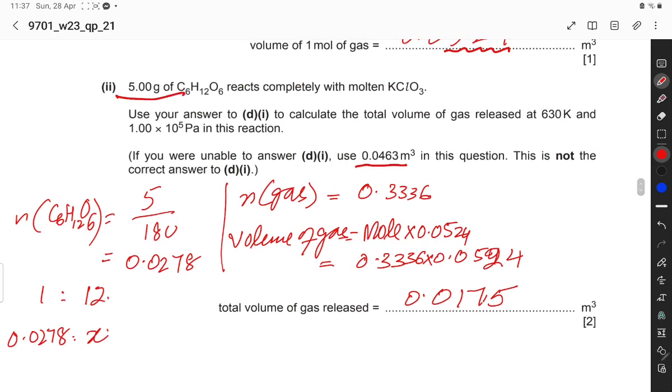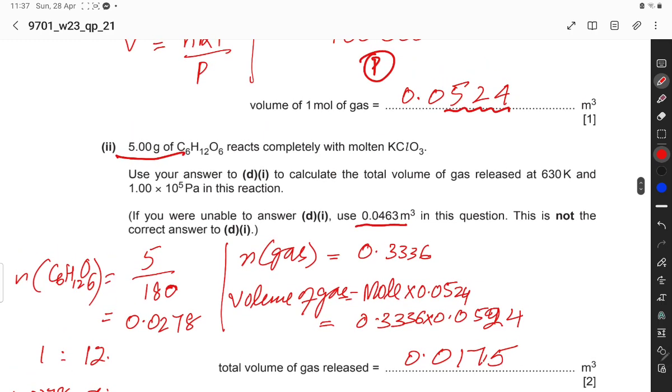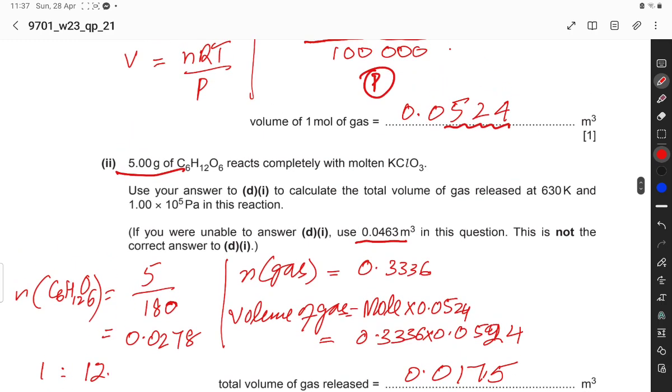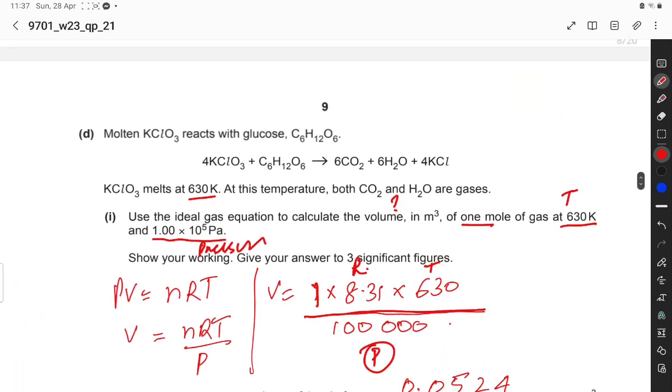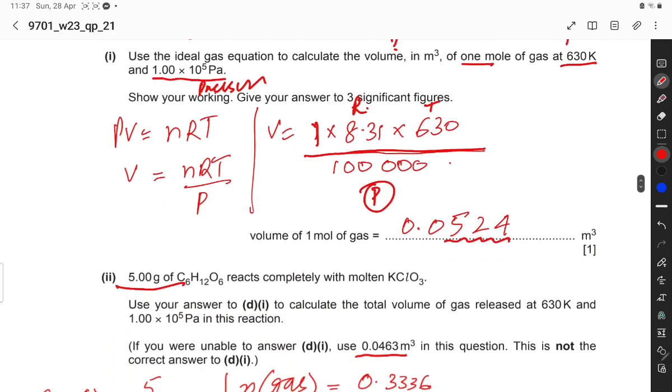So 5 gram of glucose, first find out mole of glucose, 5 over 180. 180 is the Mr of glucose, so we get 0.0278. So by using the mole ratio 1:12, in the reaction this is the 1 ratio, because these are two gases, so 6 plus 6 is 12.